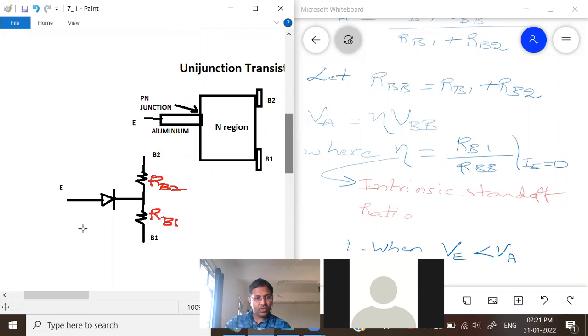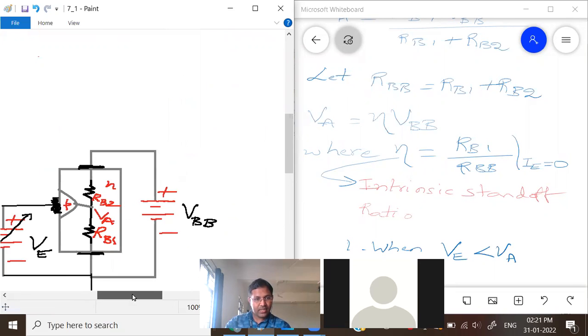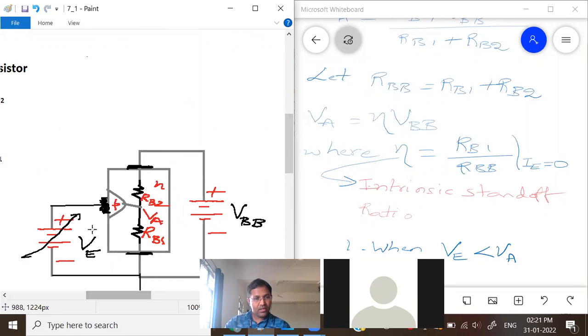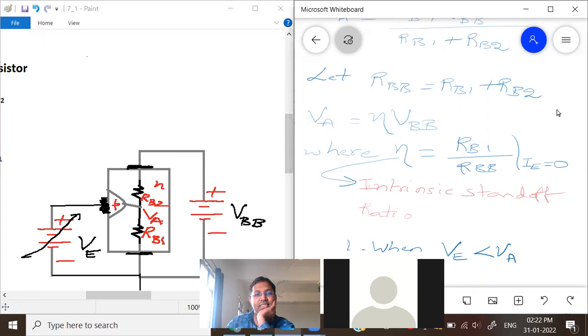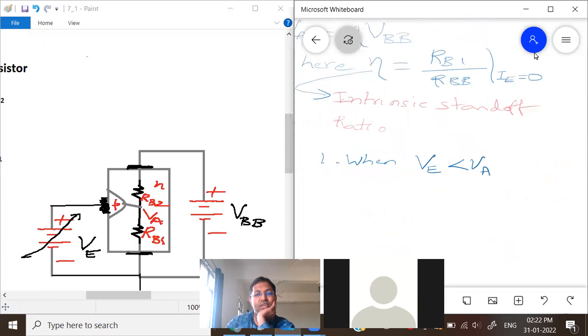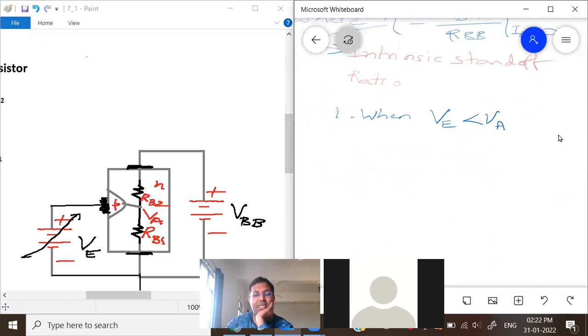Then the diode is reverse biased. You know very well that when a diode is reverse biased, the only current flowing through it is the leakage current or reverse saturation current.